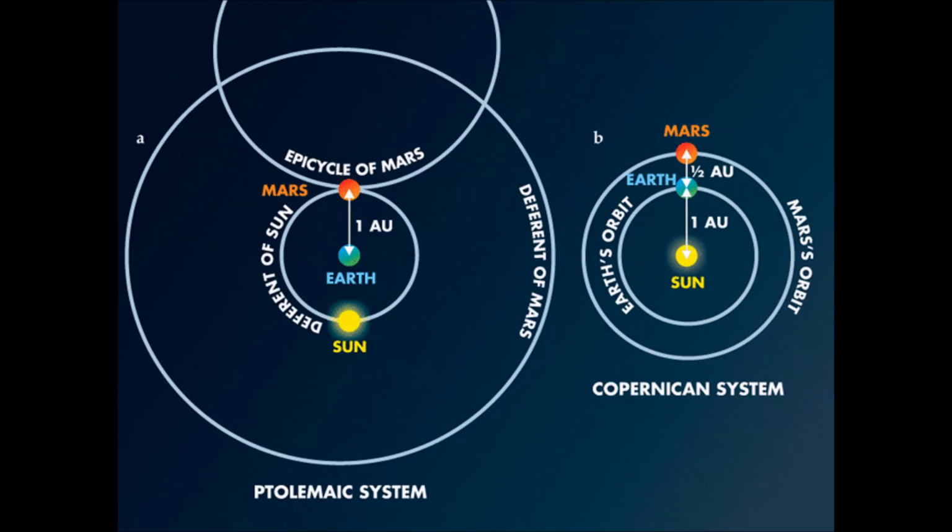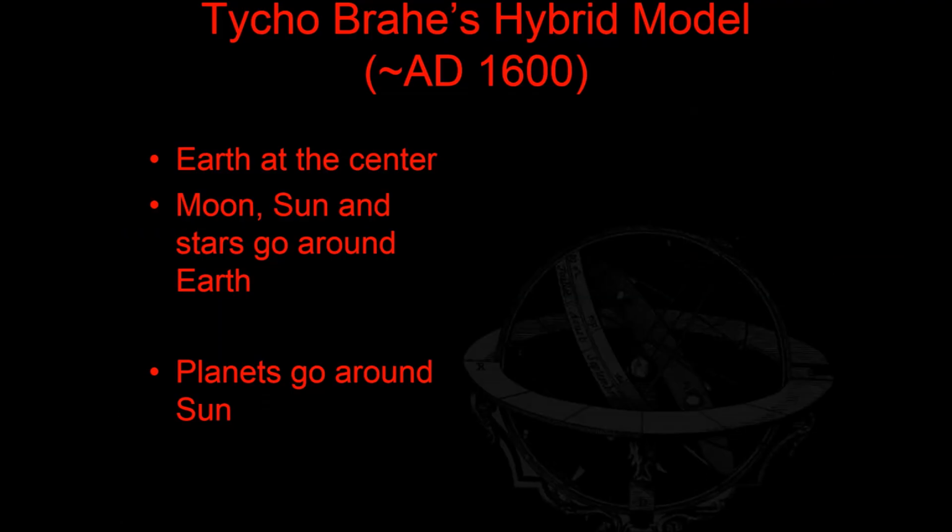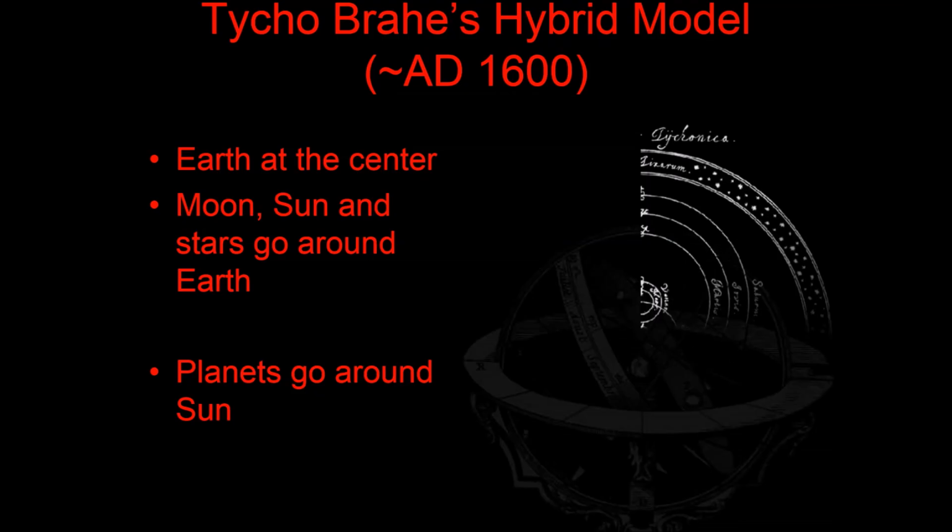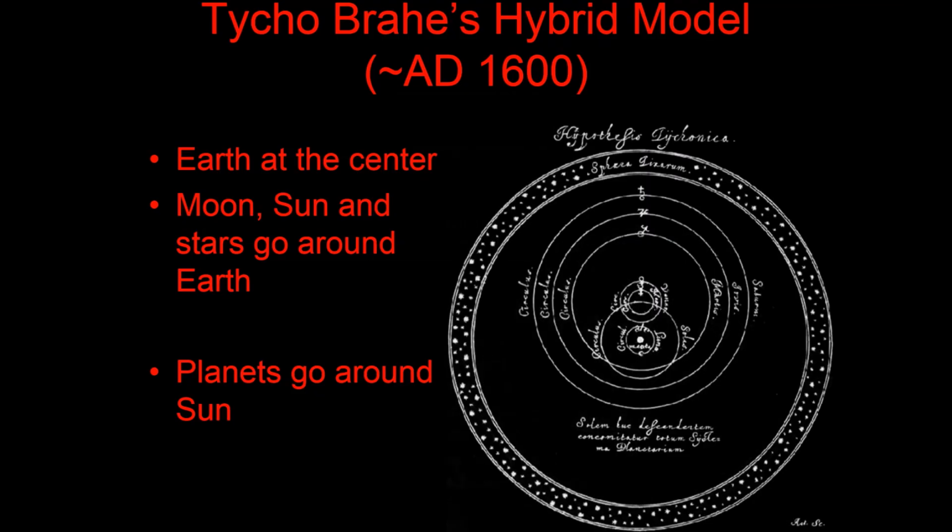And then, of course, no discussion of these models is complete without talking about Tycho Brahe's hybrid model. And we'll talk about Tycho in a bit more detail later as a character in his own right, actually in the next slide. So in Tycho's model, here's the Earth at the center. This is from his actual paper. Here it says Hypothesis Tychonica.